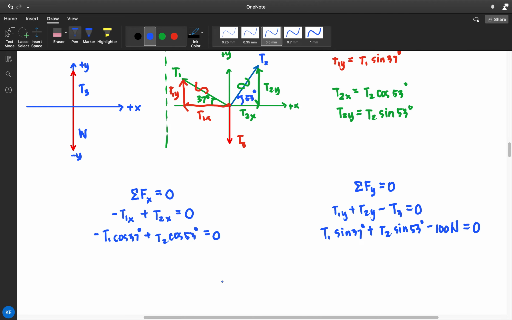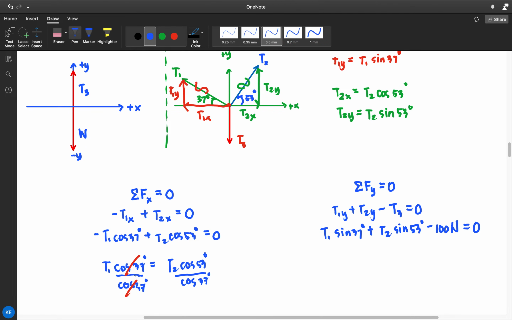Okay, so ang tendency is that you'll have here, kining aside, mag-add ko kining a term both sides. So you'll have T1 cos 37 is equal to T2 cos 53. And then divide cosine 37 both sides of the equation.